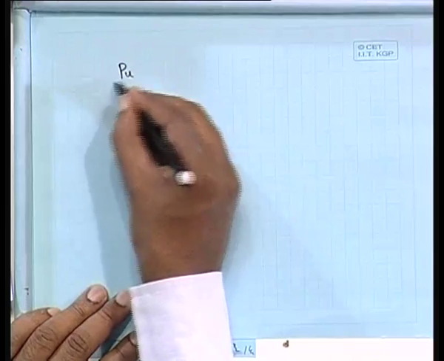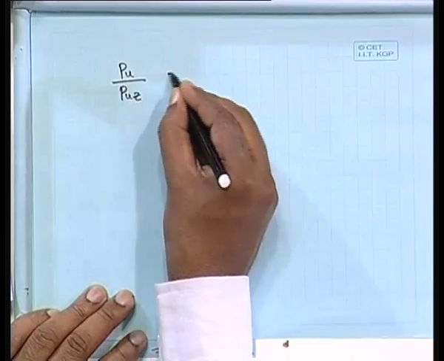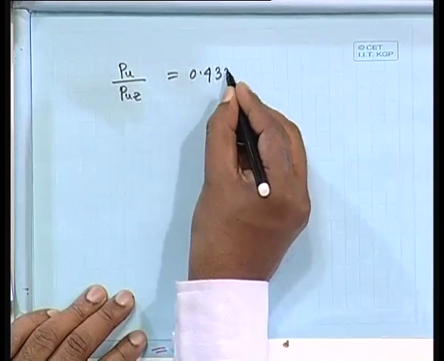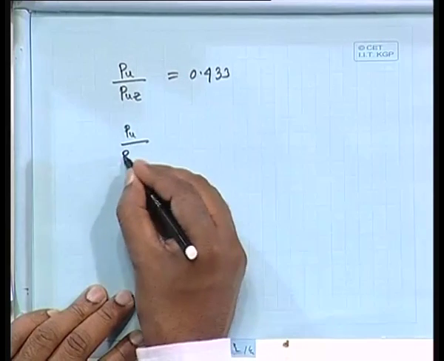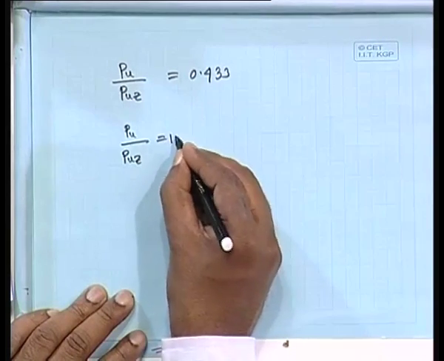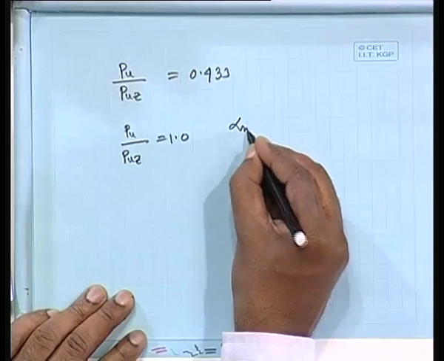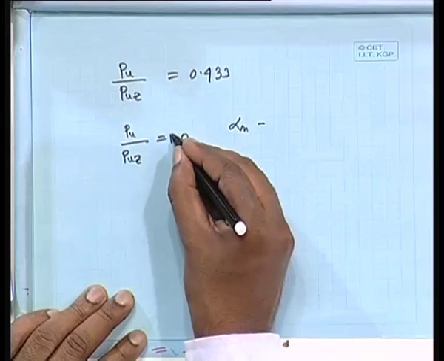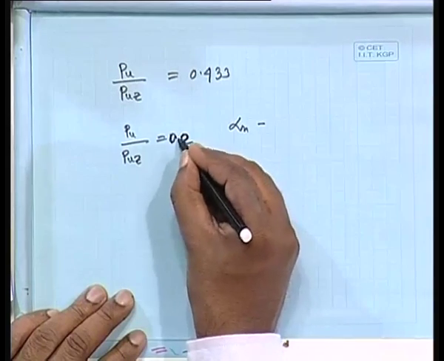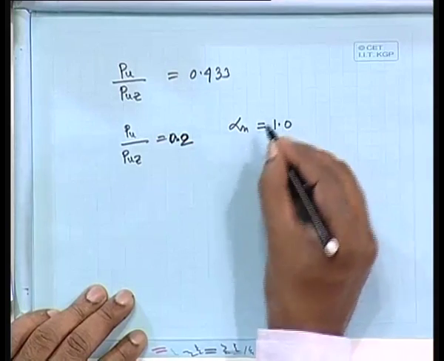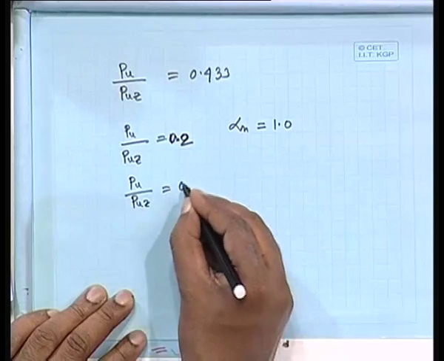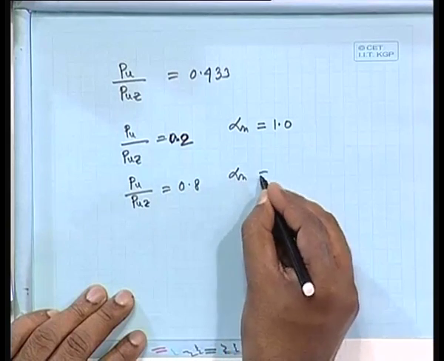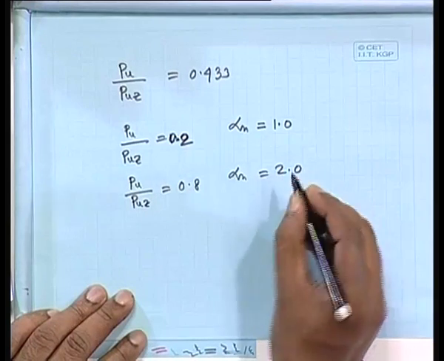So PU by PUZ we have computed 0.433. For PU by PUZ equal to 0.2, alpha n equal to 1.0; PU by PUZ equal to 0.8, alpha n equal to 2.0.